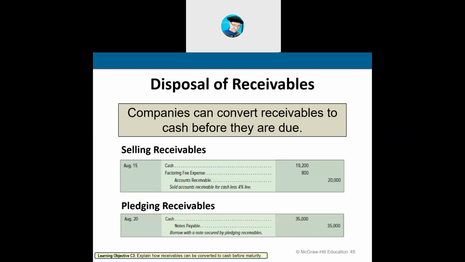An example would be, let's say you have a credit card, and the compounding interest is 21%. If you owe $1,000, it's 21% interest.